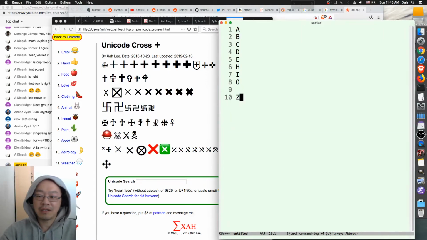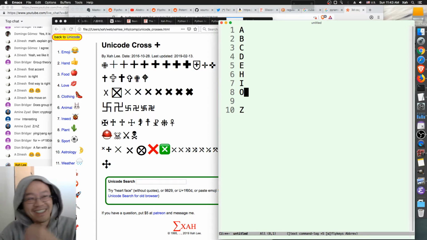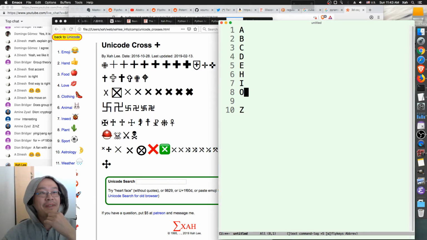Oh, actually, Z is a good example. I forgot Z right here. Z, as the Canadians like to say, zed. Okay, we talked about symmetry a lot, so we know there are different types, rotational and mirror symmetry, and it can be two-dimensional or three-dimensional.